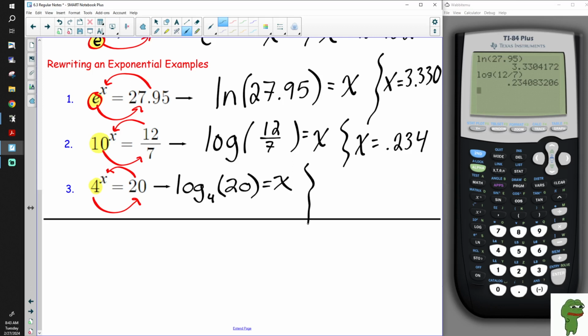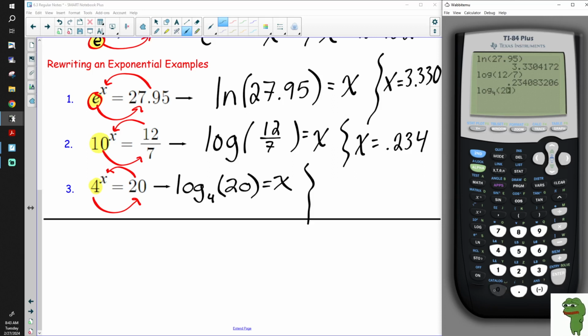Which means I cannot use the log button. I cannot use the ln button on my calculator. I must go to my math menu, go all the way down to the bottom where it says log base, so I can actually put in the base that I want. I want to have a base of 4. I'm trying to figure out 4 to what power gives us 20.